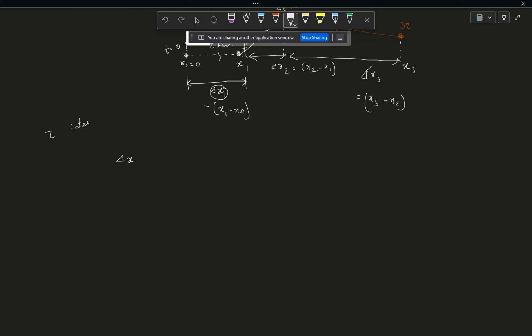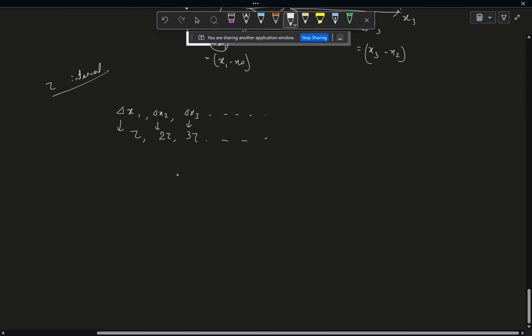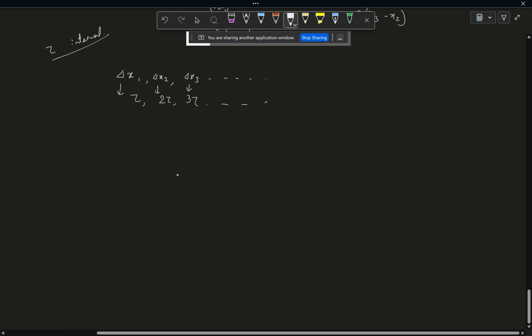Tau is the interval in which you take the data, or basically measure the coordinate position of the particle. After a significant amount of time, you have many such displacement measures like delta x1, delta x2, delta x3, many, right? And these are at time intervals of tau, 2 tau, 3 tau, etc. And you go up to a long time, because only then will your averaging make sense. You have to take a large number of data for a particular statistical average.